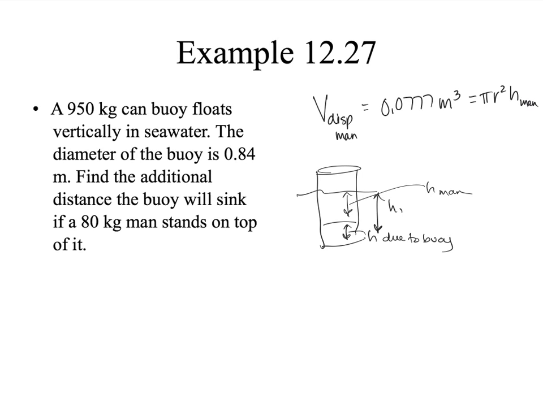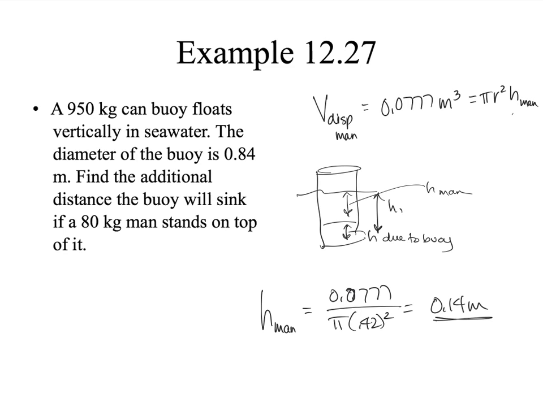But I've made it a little bit easier so I can find that height of the man directly. So the height of the buoy that's submerged due to the man, which will be the additional height, is going to be 0.0777 over pi times 0.42 squared, which is 0.14 meters. So the additional distance that the buoy will sink is going to be 14 centimeters.